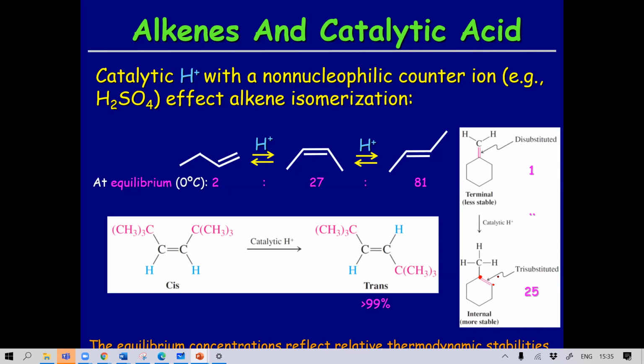And in fact, terminal alkenes are always less stable than internal alkenes. So if you have to choose between a terminal alkene and a non-terminal alkene, always go for the non-terminal alkene. Okay?